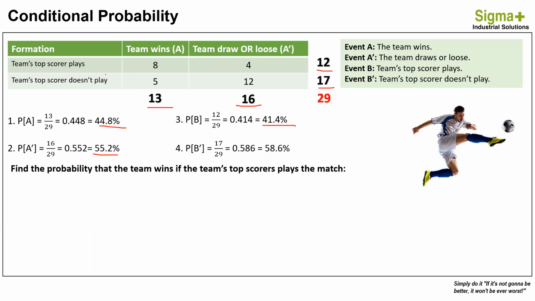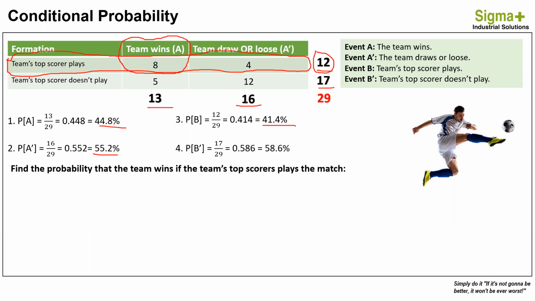I can see that the number of matches that the team's top scorer played is 12. So 12 will simply be my sample space of the outcomes. So I will be interested in that area, right? And how many times did the team win here is 8 times.